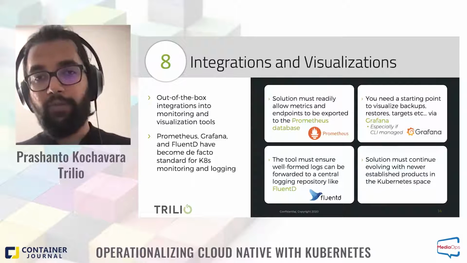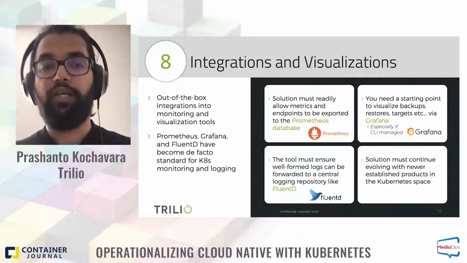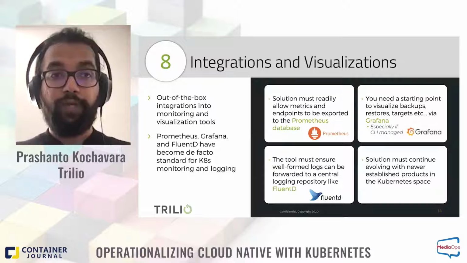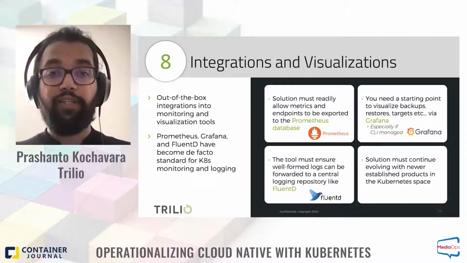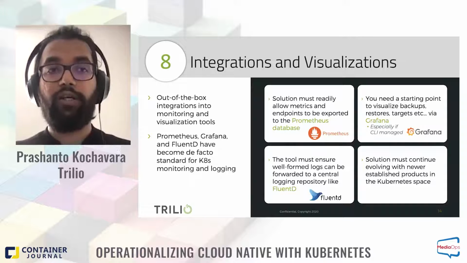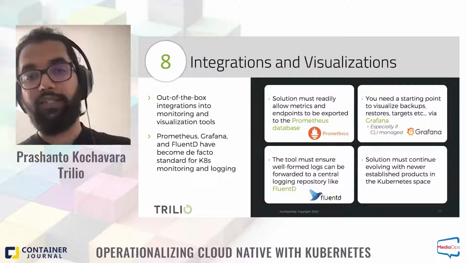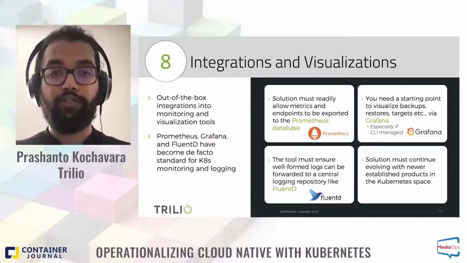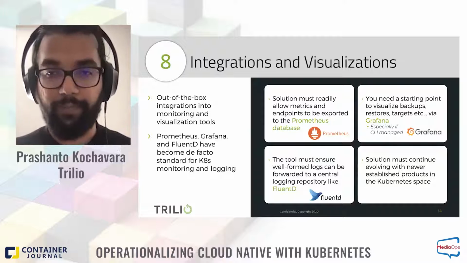These are becoming more and more mainstream with Kubernetes. So you want to ensure that any technology you're selecting can easily fit into these ecosystem tools right out of the box. You do not want to go through multiple hoops to ensure that this product integrates. You want that provided natively by the application itself.